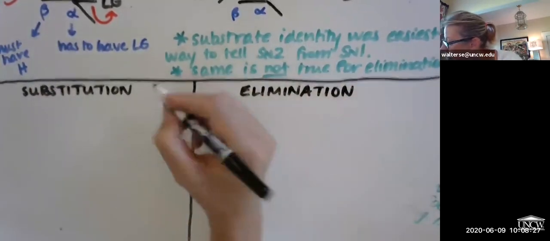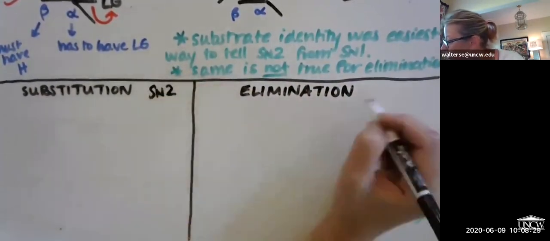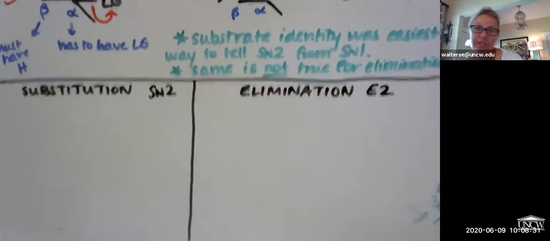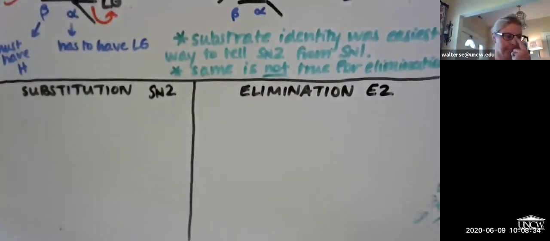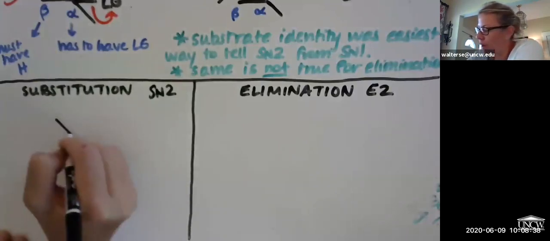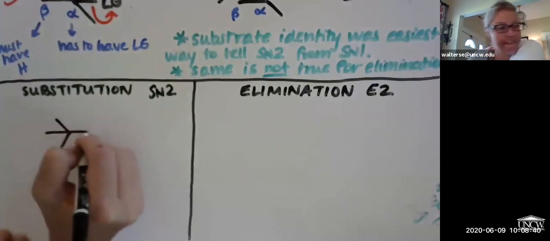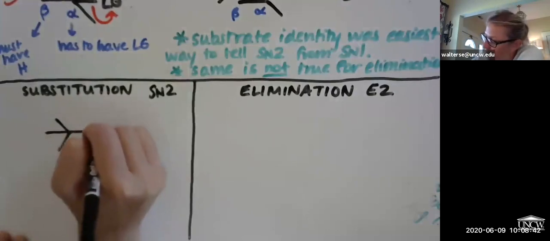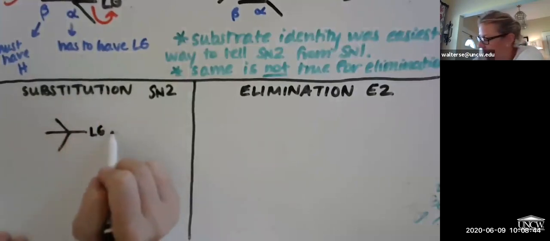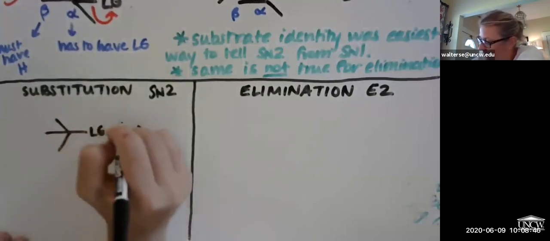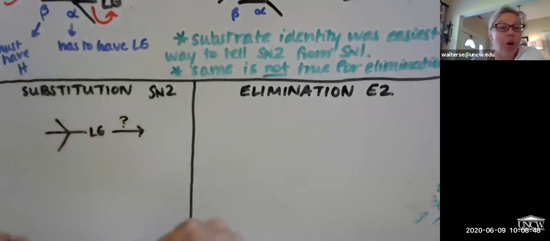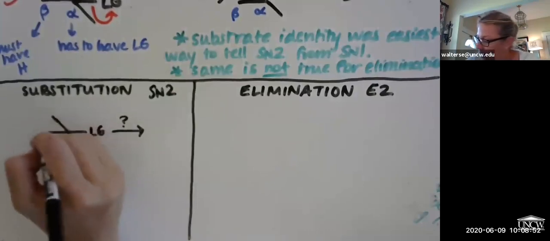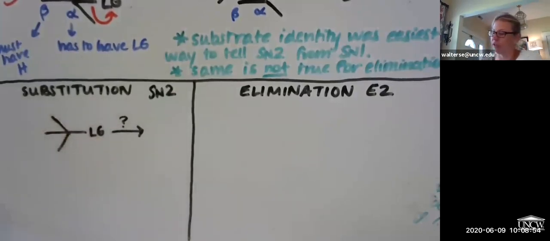And what I'm talking about is an SN2 substitution and an E2 elimination. Okay. So I want you to draw a tertiary substrate, which you know won't go by SN2. You know it won't happen. But I just need you to draw it for completion.